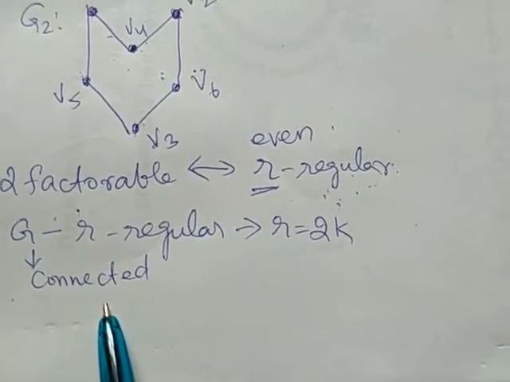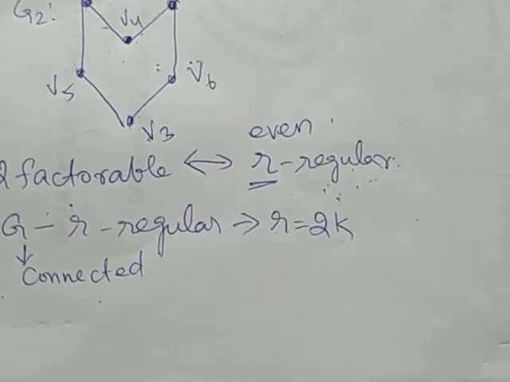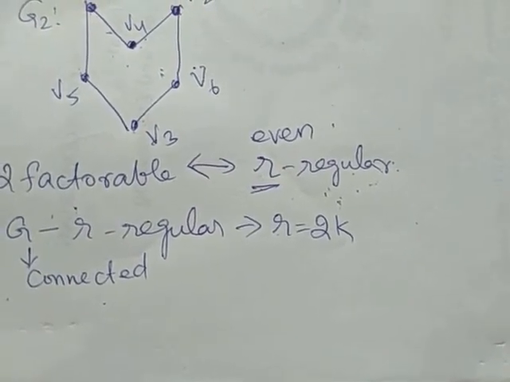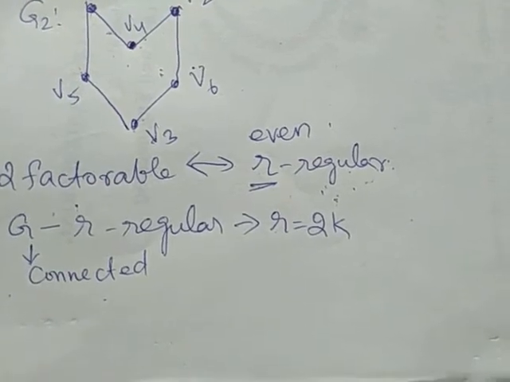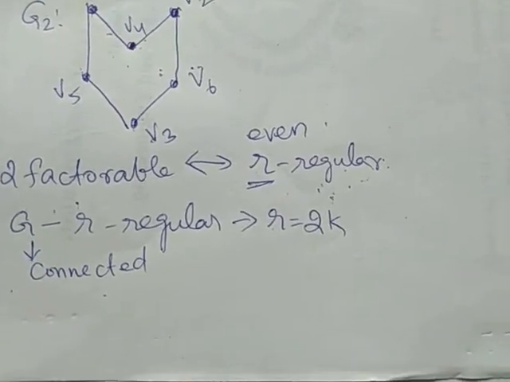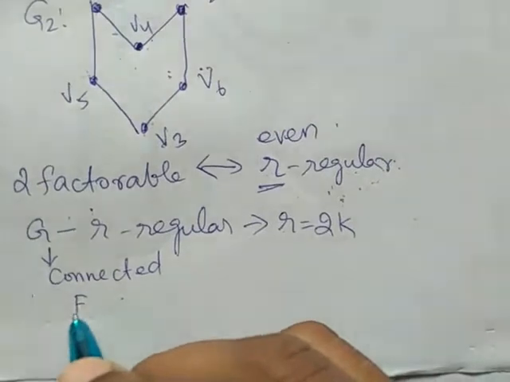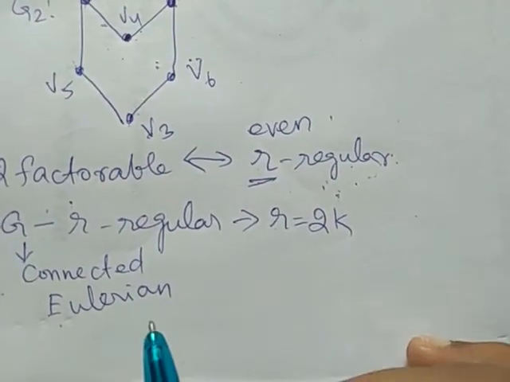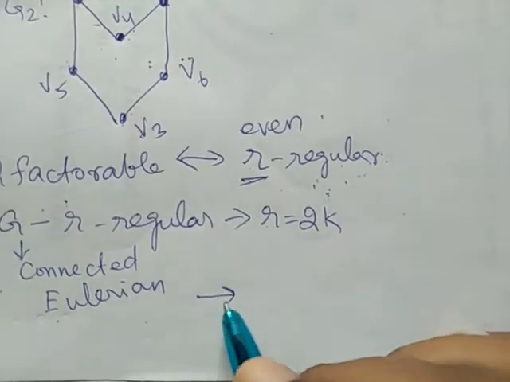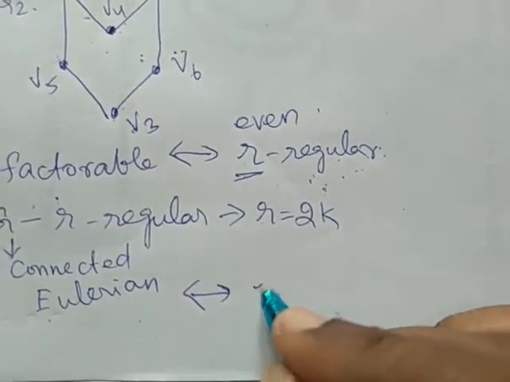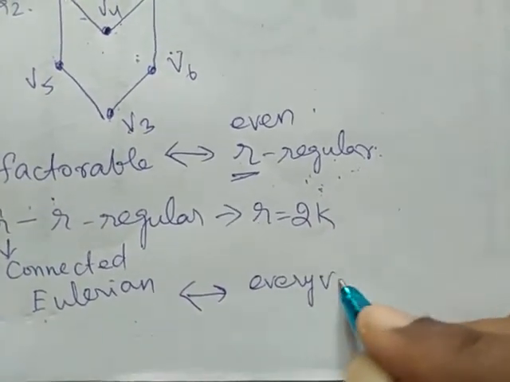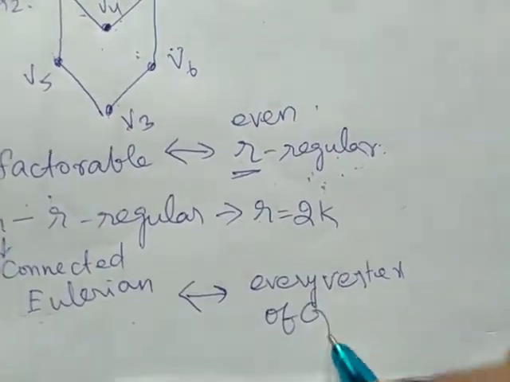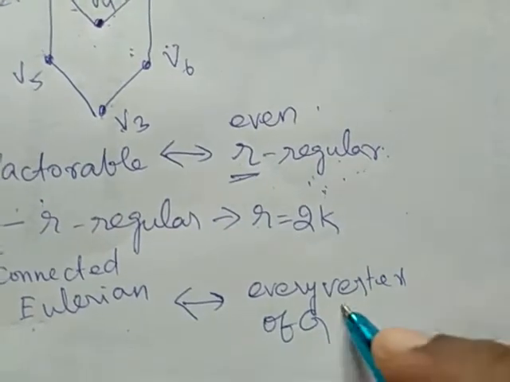We know that every non-trivial connected graph G is Eulerian if and only if every vertex of G has even degree. It should have even degree.